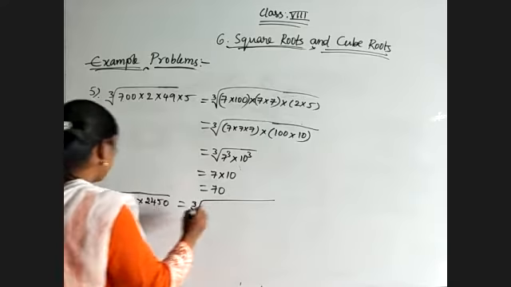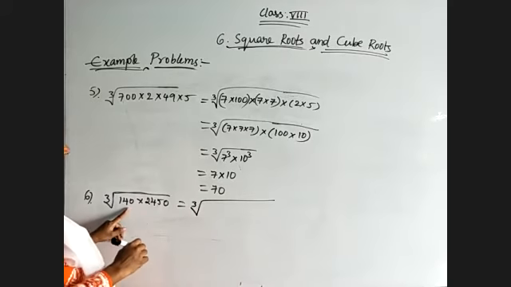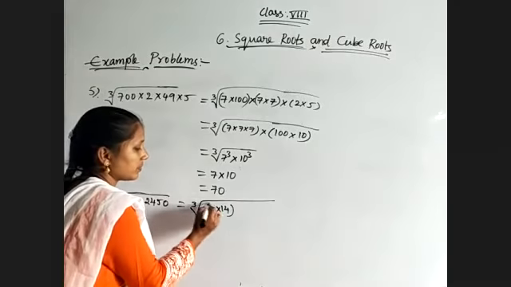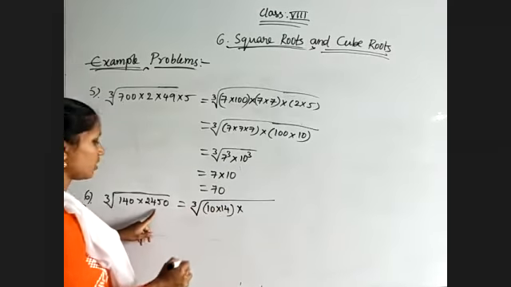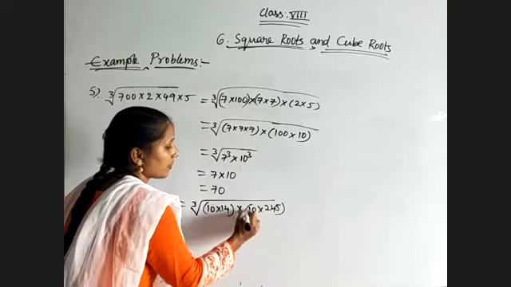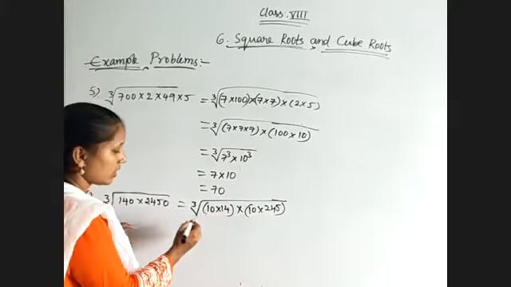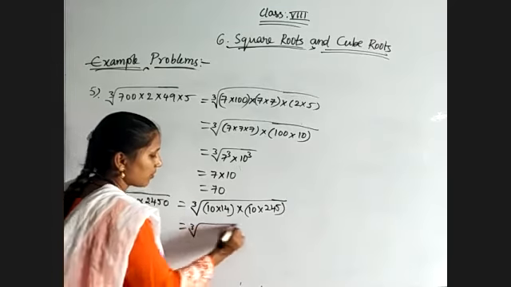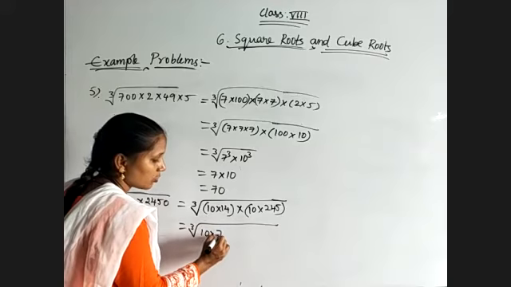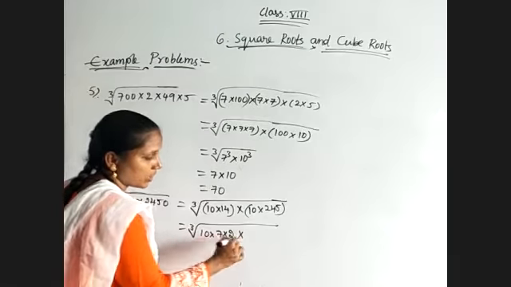Cube root of, because 140 is there, I am writing as 10 into 14 into, here, 10 into 245. Okay. Now cube root of 10 into 14. I am writing as 7 into 2. 7 2s are 14.